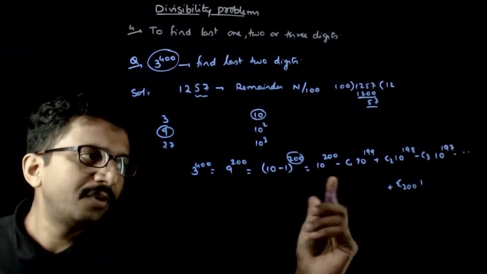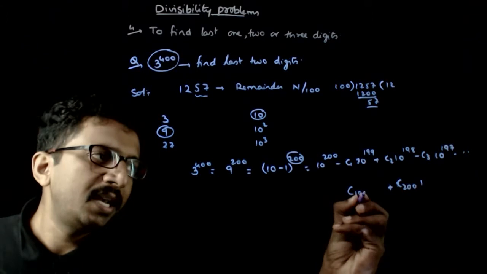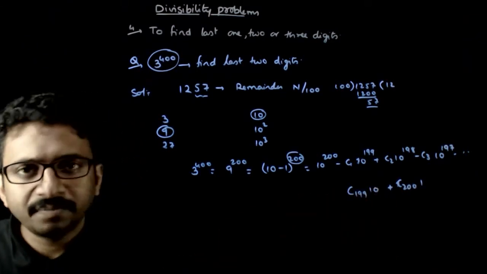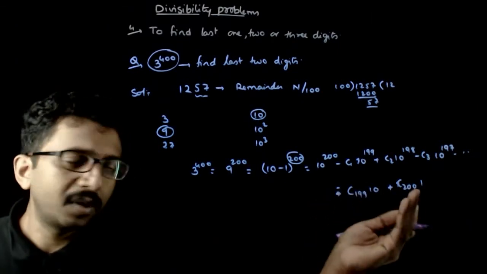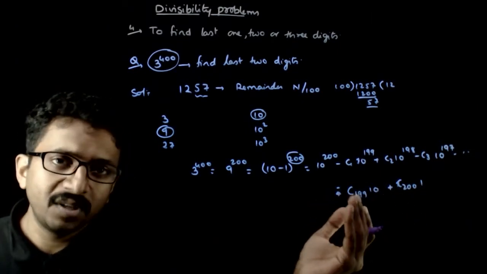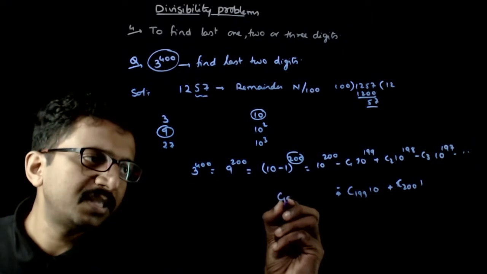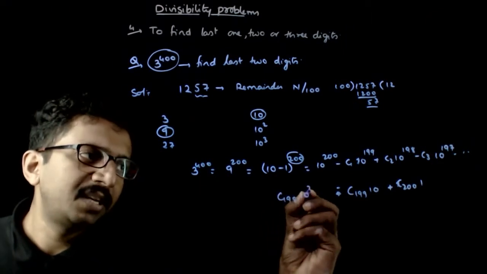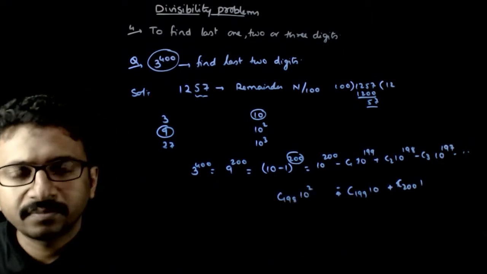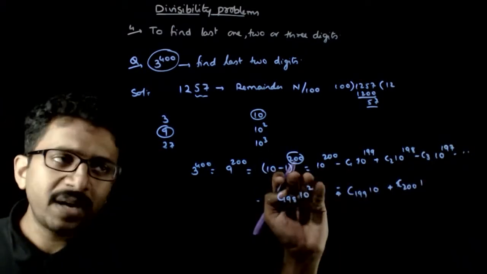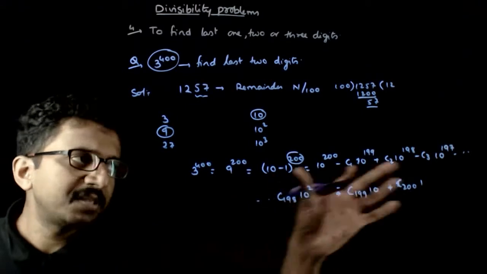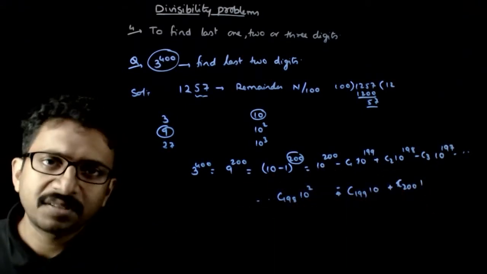What is the term before this? C199 times 10. This is negative because the last term is positive, so the term before it is negative. And the term before this will be C198 times 10 square, and so on. This expansion has a total of 201 terms, starting with the first and ending with the last.